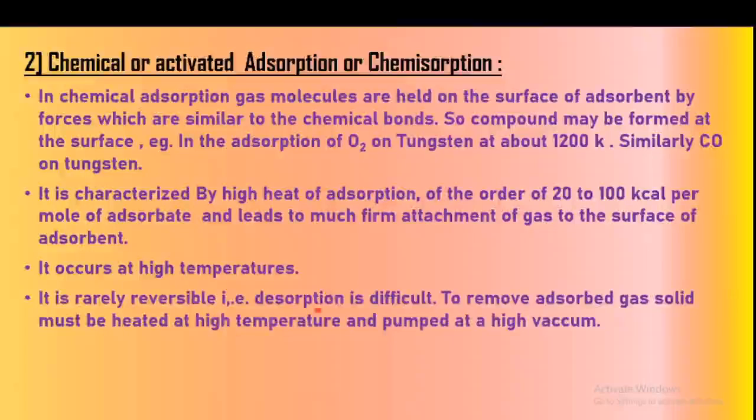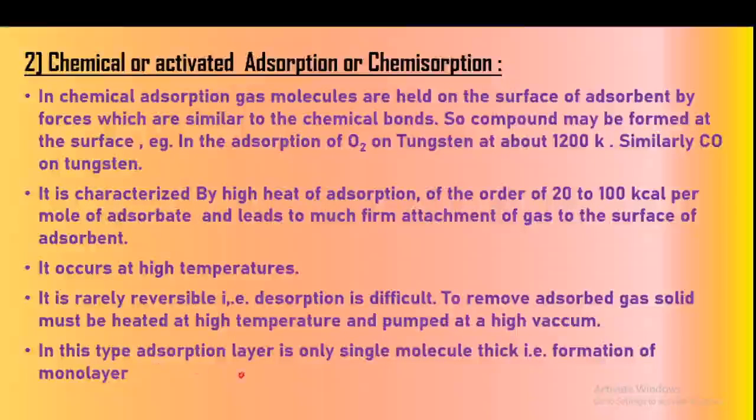It is rarely reversible, that is desorption is difficult. Means the adsorbed gas is removed with great difficulty because there is formation of chemical bonds which are not easily broken. To remove the adsorbed gas, the solid must be heated to high temperature and pumped at a high vacuum. In this, the adsorption layer is only a single molecule thick, that is the formation of a monolayer.